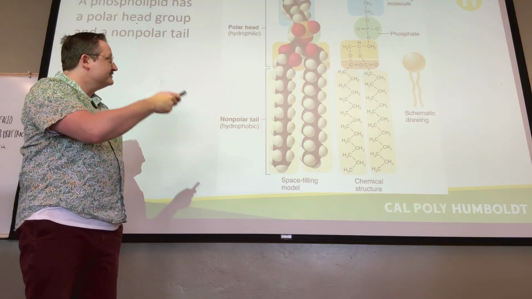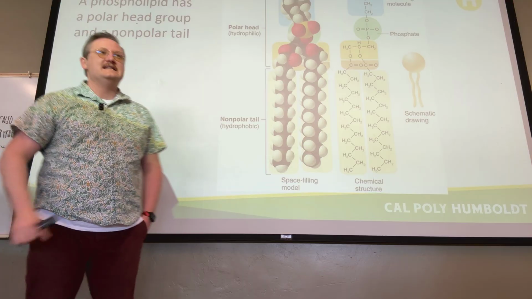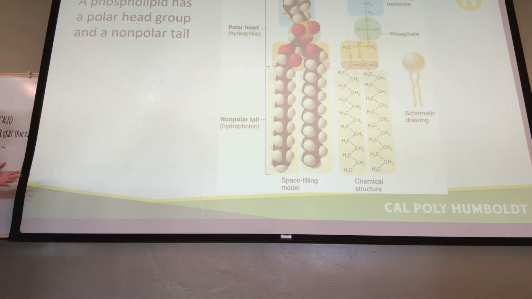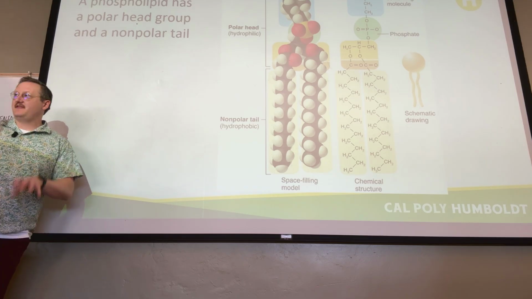The atoms involved in the bonds here, they differ greatly in their electronegativity. So you've got this phospho or phosphate group here attached to this nitrogen-containing molecule. You're not going to be quizzed extensively on the structure of a phospholipid beyond knowing, okay, that it has a polar region and a nonpolar region, making it amphipathic.